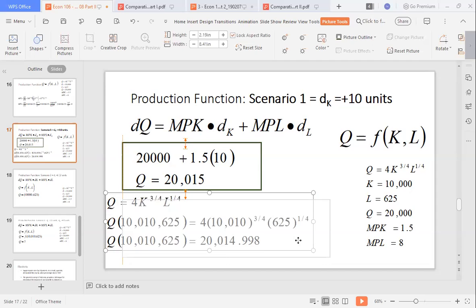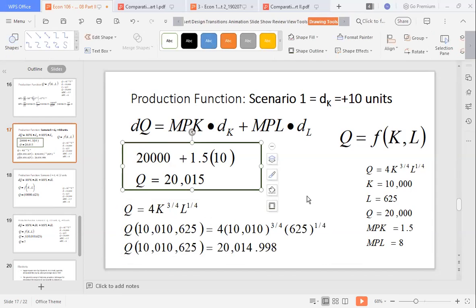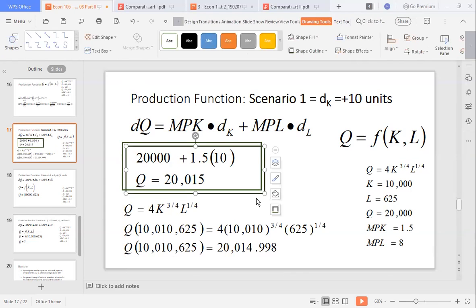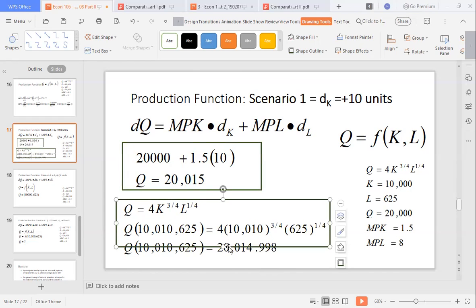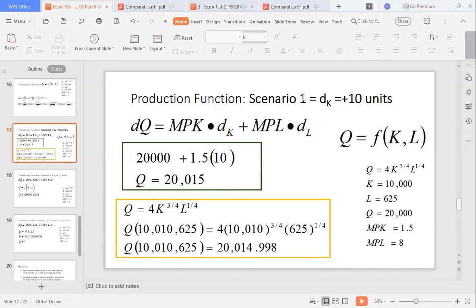As you can see, this is a good approximation compared to the first one. So this is our total differential for Q, but owing to the first scenario only.